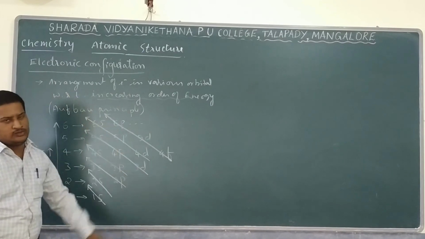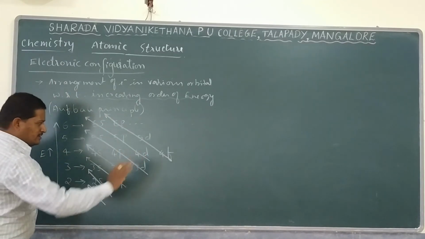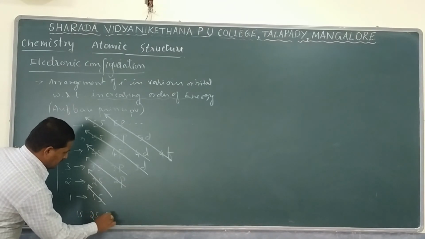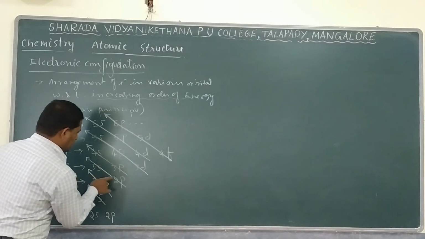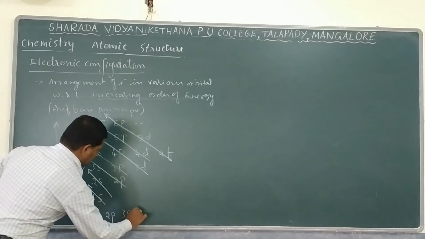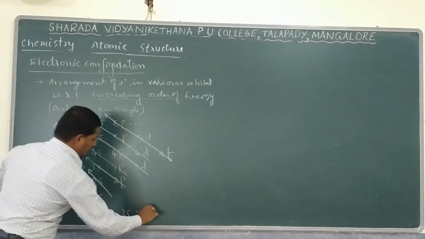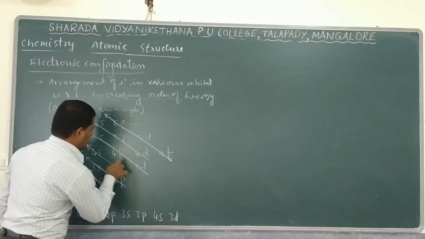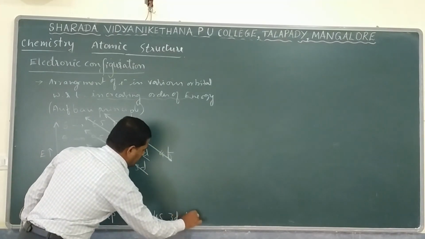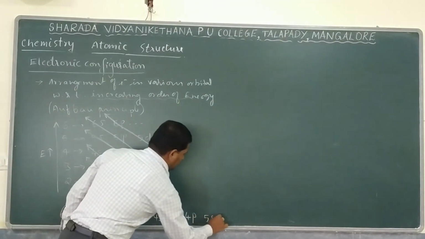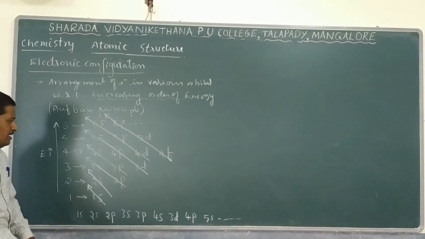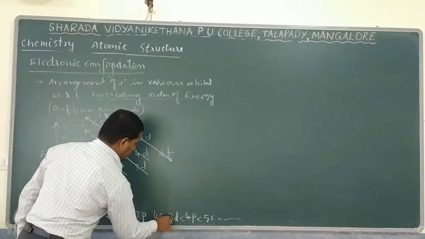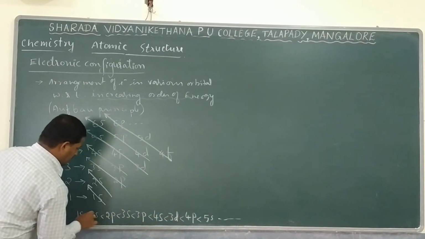If you write it in a straight chain, first 1s, then 2s, 2p, then 3s, 3p, then 4s, 3d, then 4p, 5s, like that it continuously goes. And always remember, the energy of 5s is more than 4p. This is the increasing order of energy.